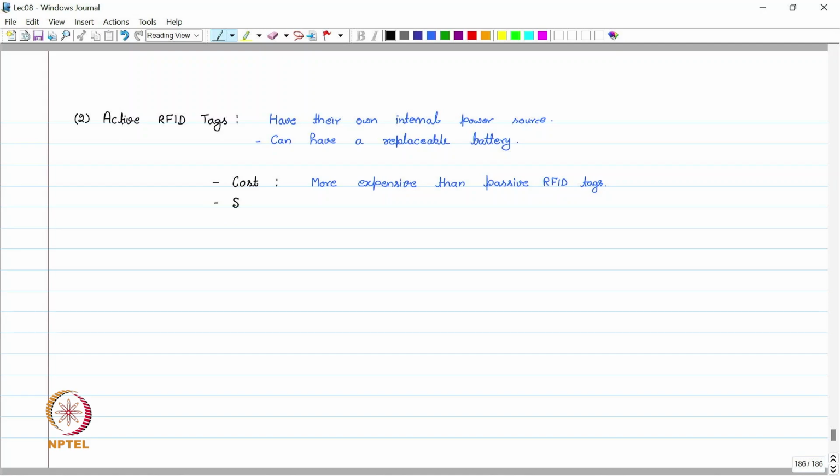The size is larger. The power is provided by the battery.